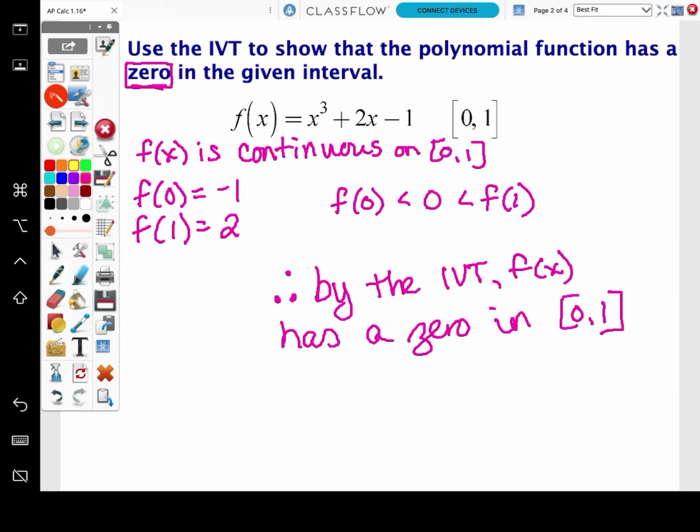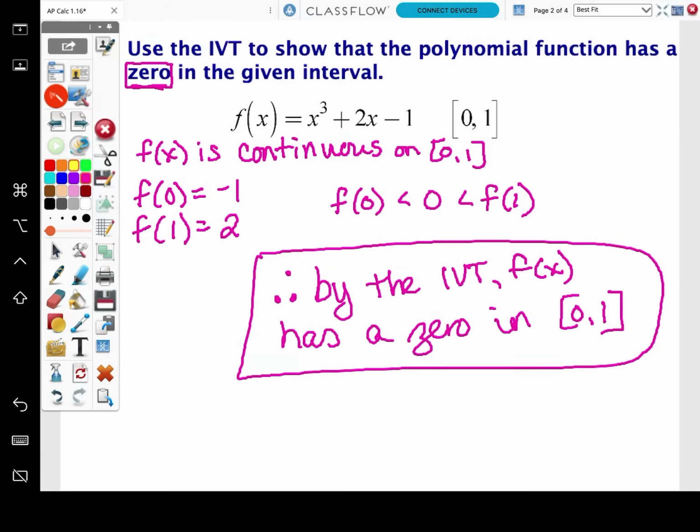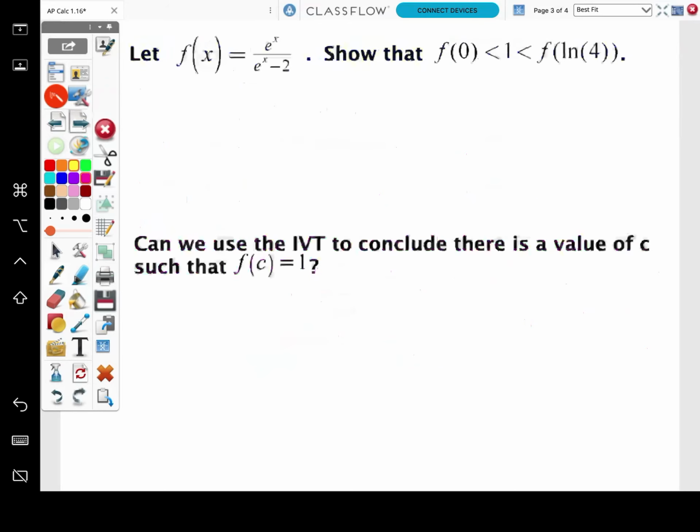Now this particular question didn't ask us to find it, but we totally could if it did ask us that. We would just find f(c), plug in and set it equal to 0, solve for c. But this one did not have us do that. It just wanted us to show. So we show that the conditions are met, continuous, and that 0 is between f(0) and f(1). And then we make our statement down here, much like in the squeeze theorem.